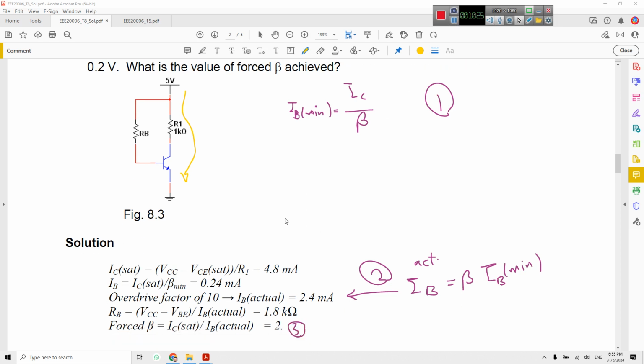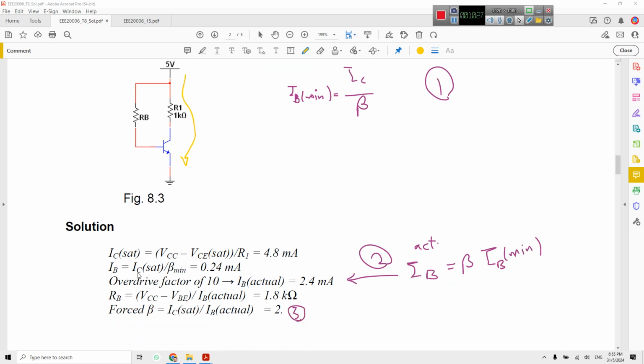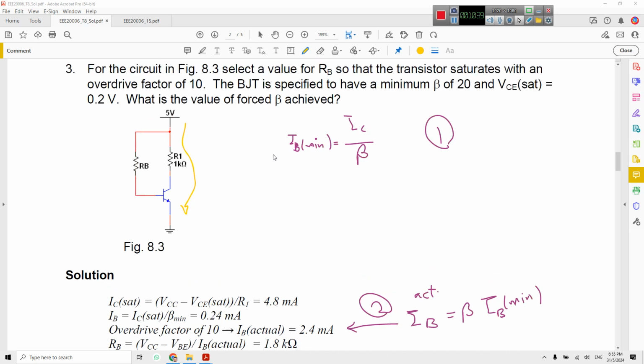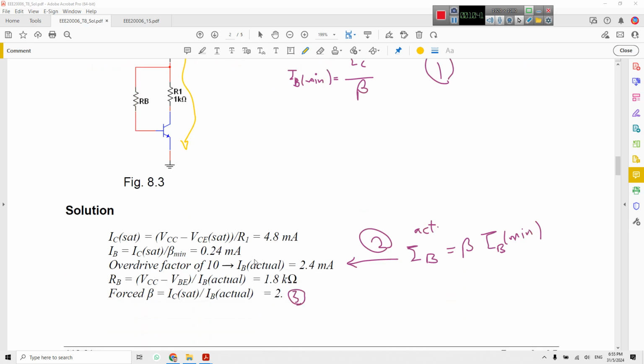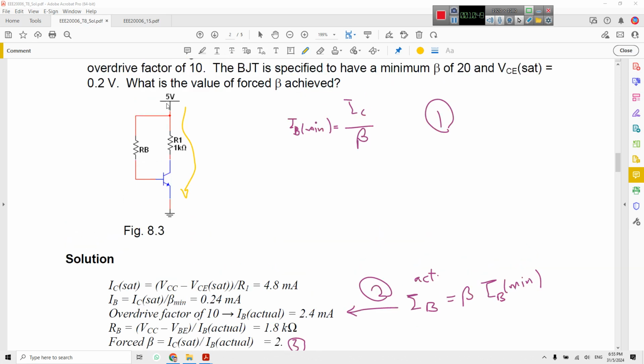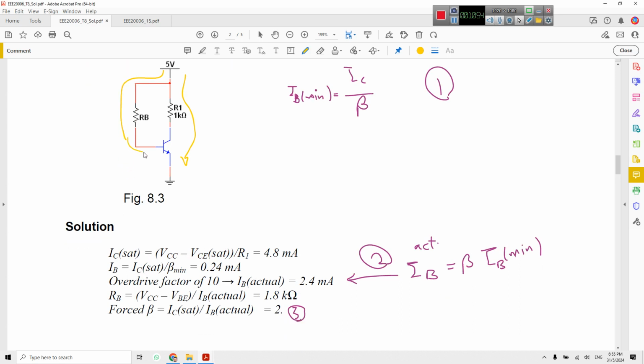So as we know beta equals 20, the IB value becomes 0.24, and the overdrive factor, which is beta times IB minimum, is given here. The overdrive value is 10, so 10 times this value is 2.4 milliamp. Then you can calculate the RB from the equation from here to here, of course.